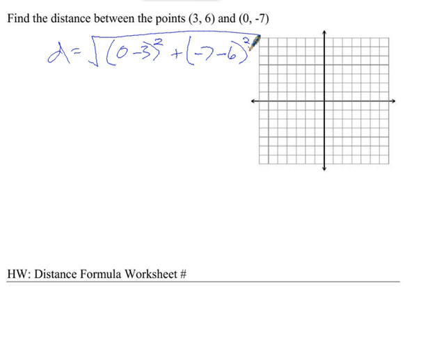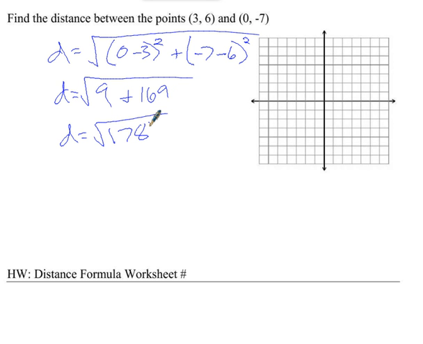Now what? Negative 3 squared is positive 9. Negative 7 minus 6 is negative 13. Squared is 169. So plus 169, 178. All right, now we have to simplify that. If it can simplify, does it? No, it does not simplify. So that's the answer, the square root of 178.